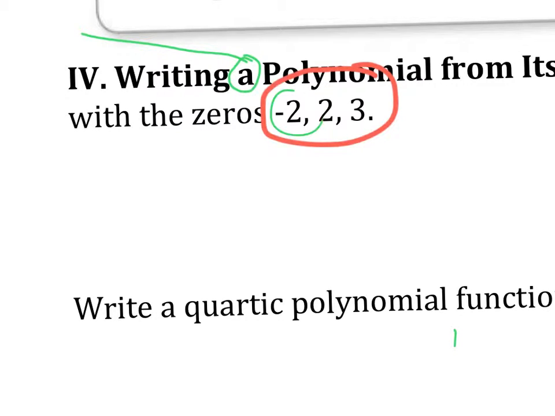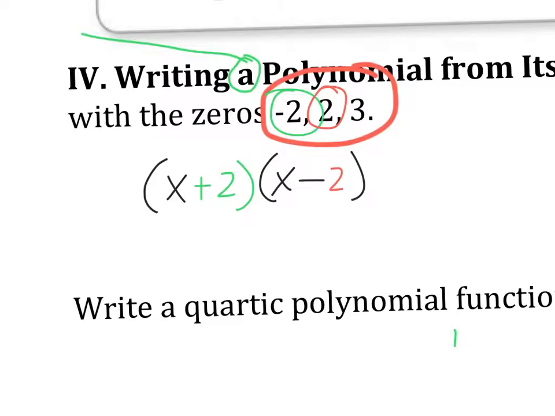This right here is my 0, which means x minus this number is a factor. What about this one? 2 is a 0. So x minus that 2 is a factor.